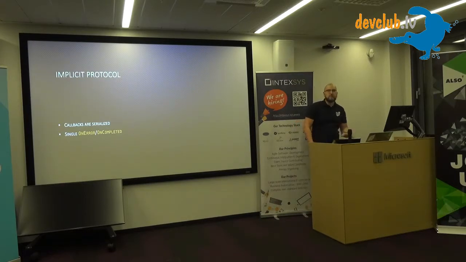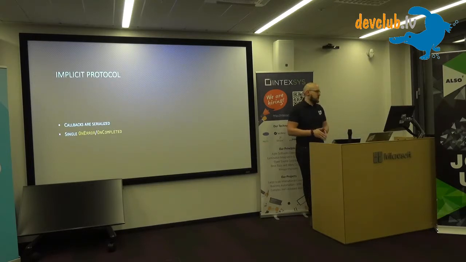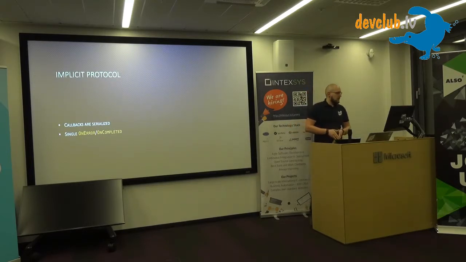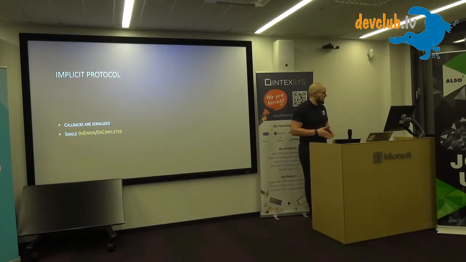The first one says all the callbacks are serialized, so you are guaranteed that the data is going to be pushed to your subscribers in the same order it's generated, kind of always. There are some caveats to that which we will touch on a bit later. I'm not saying it's always, but kind of always.